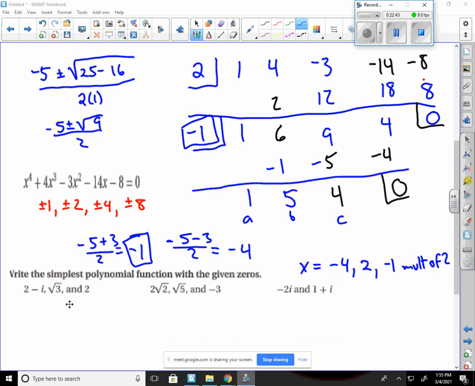Now, out of these last 3 on the homework, they weren't horrible because 2 of those had the 2 minus i, so you just had to arrange it the way you're supposed to.